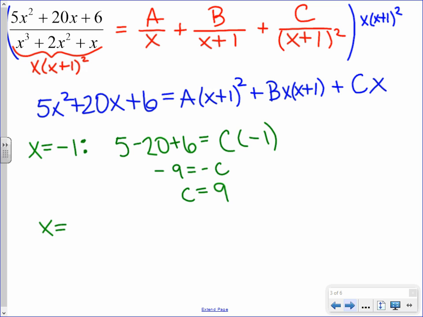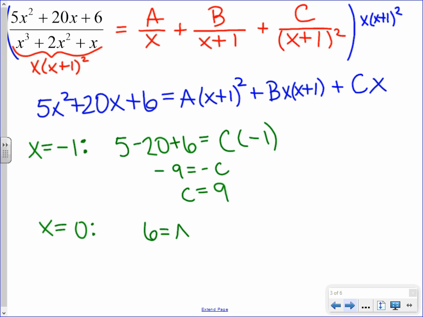Okay. Amanda, what's another number we can plug in? 0 would be a good number to plug in because it would make this factor disappear. All right. So if we plug in 0, what happens over here on the left side? What are we left with? 6. Okay.